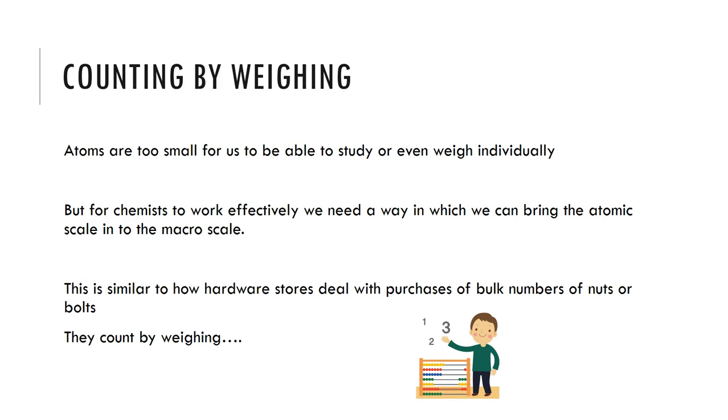For chemists, atoms are way too small to be able to weigh individually. We can't possibly weigh out a single atom. So what we need to be able to do to work effectively is bring the atomic scale into the macroscale world.